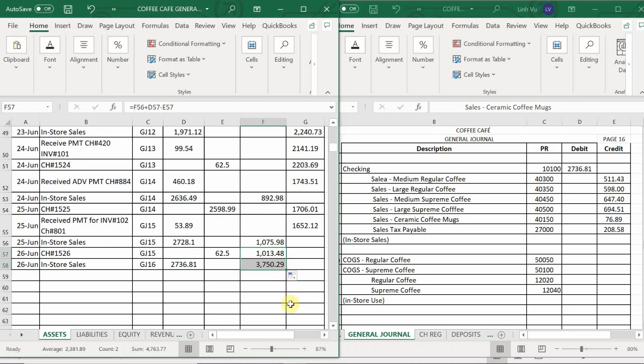I got 3,750.29. Good. 3,750 and 29 cents. And then we're going to move to our revenue.